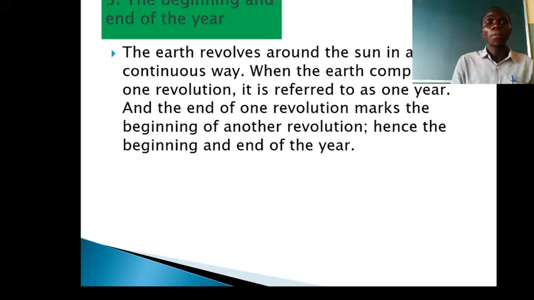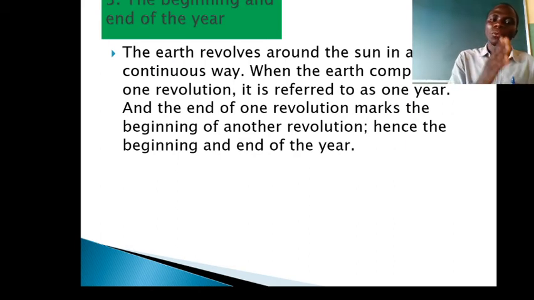When the Earth completes one revolution, it is referred to as 1 year, and when our year ends, we start the second year, and so on. For instance, if you are 20 years old, it means that from your birth, the Earth has completed 20 tours, or 20 revolutions, around the sun.